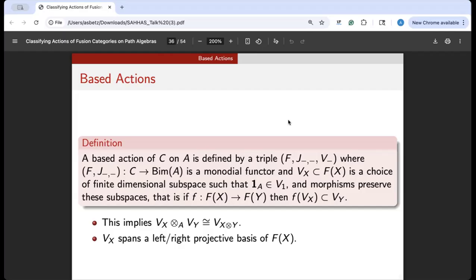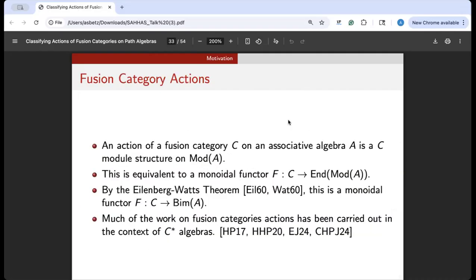So a general action is just, I change the multiplication of my algebra slightly by multiplying it with something. In general, with an action, you can think of assigning each element in the fusion category some bimodule, such that it's compatible with tensor products. You can think of these as generalizing a monoid homomorphism, but you send the unit in the fusion category to the algebra, and then every x gets associated with some bimodule, such that all the tensor producting is compatible.